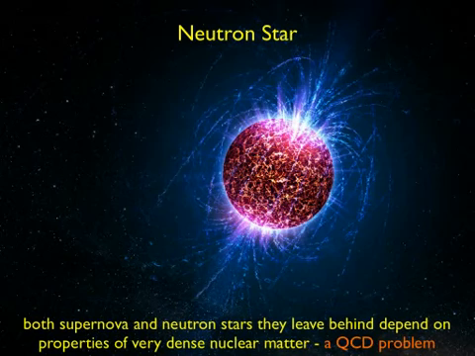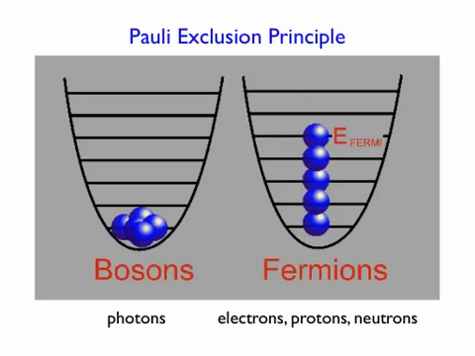So basically what you're doing with a neutron star is taking all those electron clouds, collapsing them, and all the hydrogen and helium and everything collapses to form one giant nucleus, basically. One teaspoon of this stuff is like a trillion tons. It's some insane amount of matter. Again, understanding the properties of these stars and how they form all comes back to understanding this very basic theory of quantum chromodynamics.